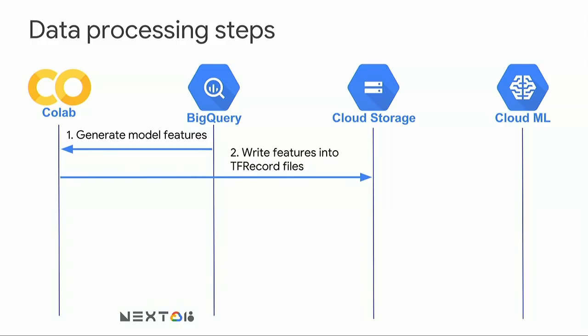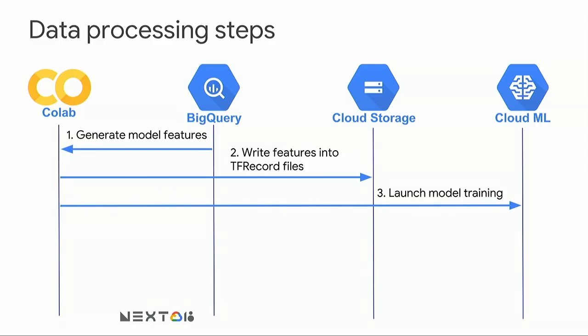OK, second step in the data pipeline is we're going to write model input features into what are called TFRecord files. This is the standard format for representing input features data for TensorFlow models. The third step is we're going to launch model training using CloudML Engine.